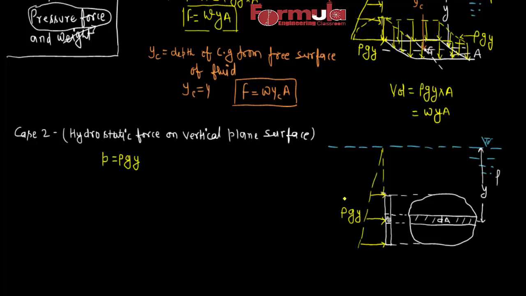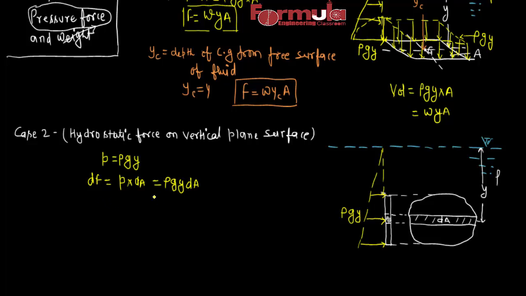As we know the pressure intensity at this strip, we can calculate the elementary hydrostatic force on this strip. The elementary hydrostatic force on this strip will be the pressure intensity into the area of this strip, dA. So the pressure intensity is rho g y, so dF is equal to rho g y dA.